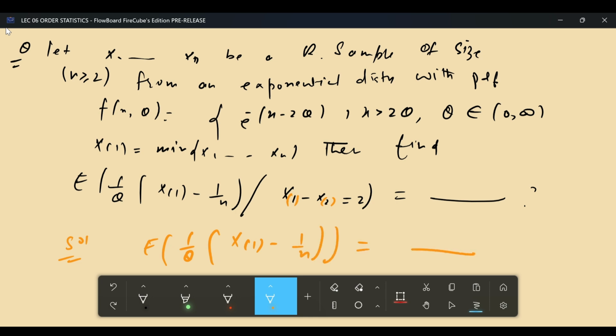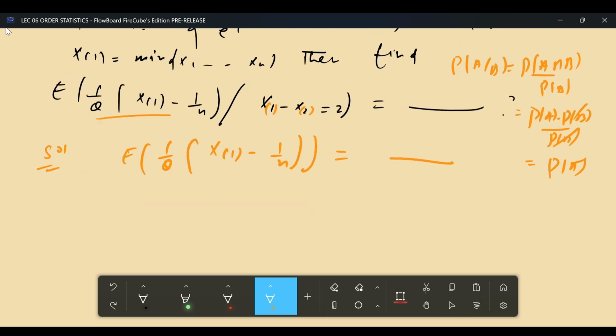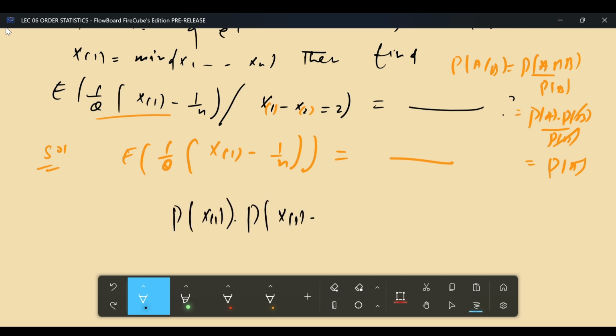As you know, probability of A given B is equal to probability of A intersection B divided by probability of B. Whenever A and B are independent, probability of A into probability of B divided by probability of B, so this and this go, and we are left with probability of A. Actually, the PDF will be probability of x1 multiplied by probability of x1 minus x2, divided by probability of x1 minus x2.